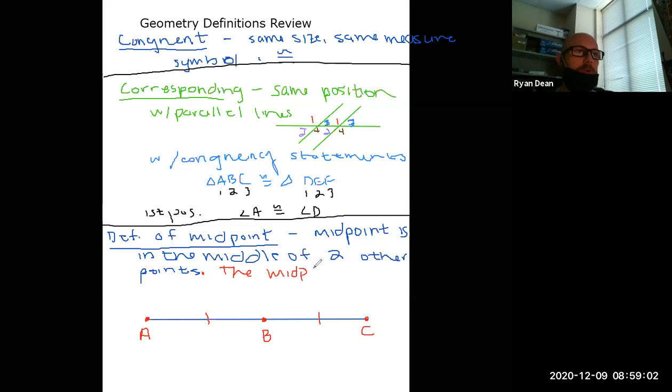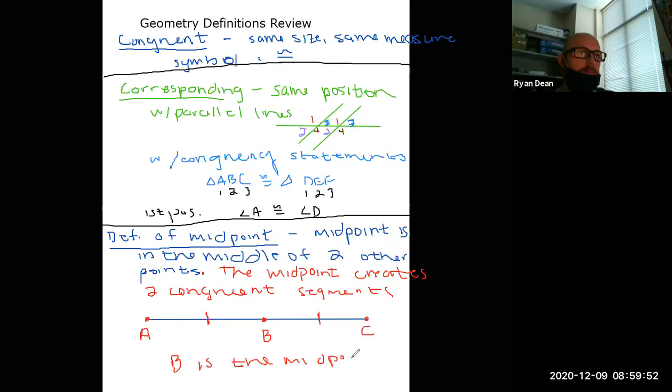That is the biggest thing for this unit. So if you see something like this, where the picture is given to you and you have the hash marks like this, okay, that would be definition of midpoint. Also, if you are given a statement like this that says B is the midpoint of AC, then the midpoint is going to create 2 congruent segments.